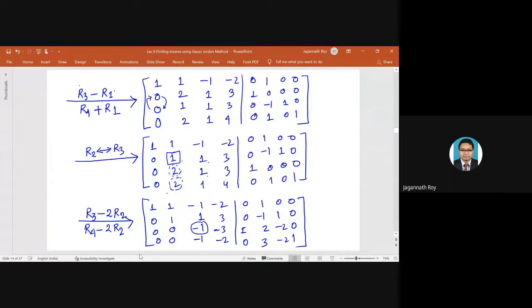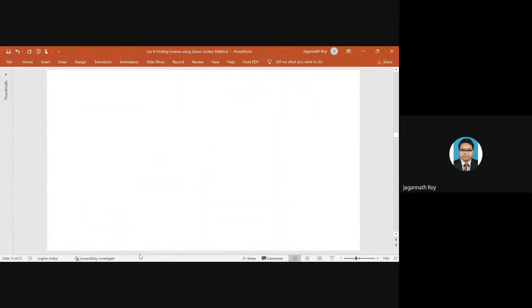Now we want 1 here. So what can we do? If we exchange, nothing will happen. So we multiply with minus 1. So the next task is minus 1 times R3. It is becoming now 1, 1, minus 1, minus 2, 0, 1, 0, 0.